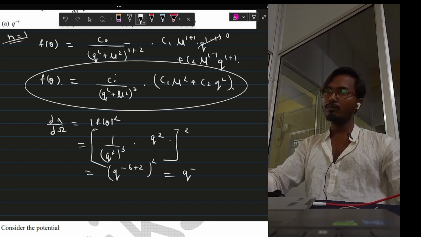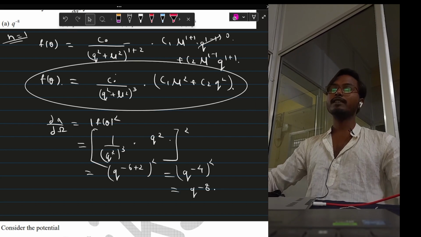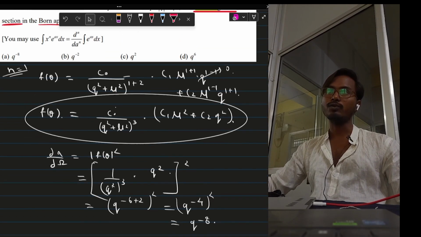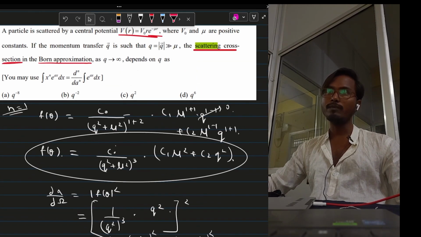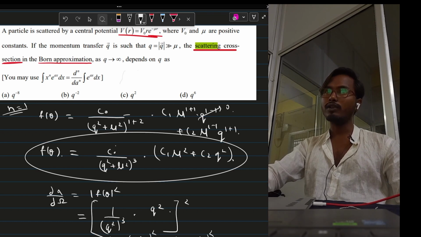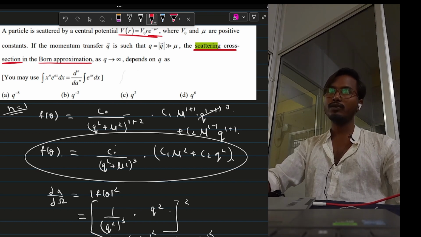So q raised to power minus 4, power 2 is q raised to power minus 8. So as you can see, this is really easy to solve. This trick works for any central force problem, central potential problem, for Born approximation, and after putting values we can simply get the answer. Okay, so this value is correct.